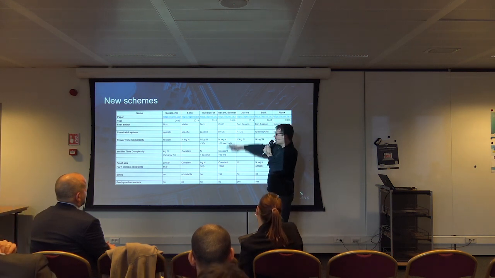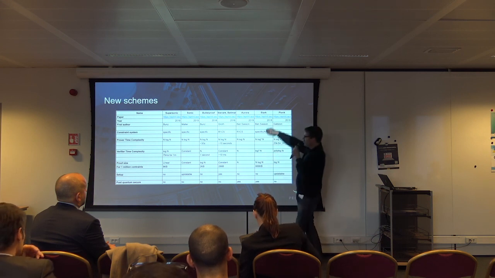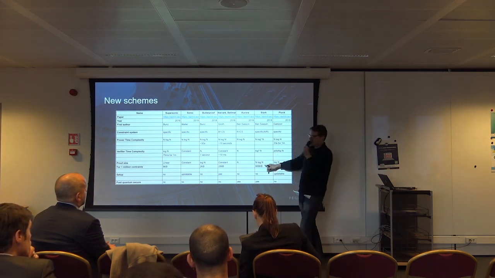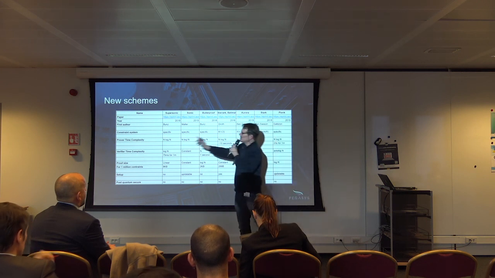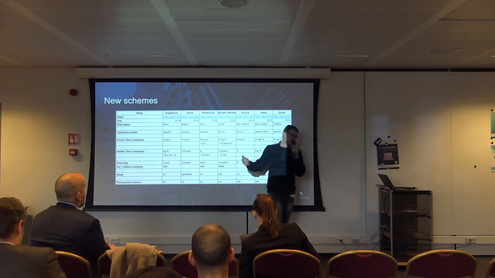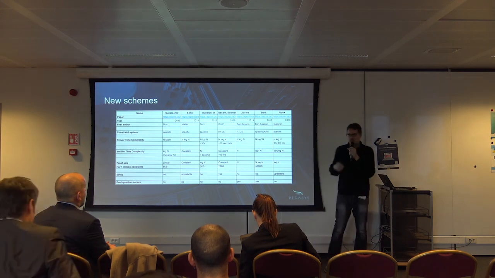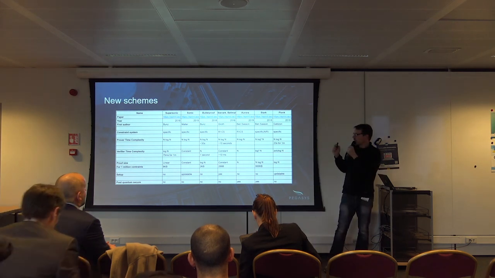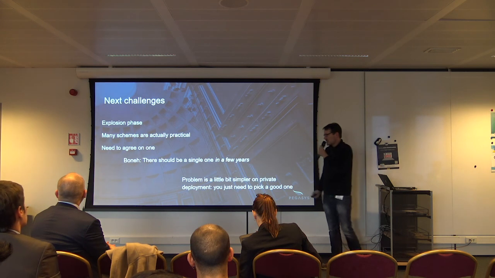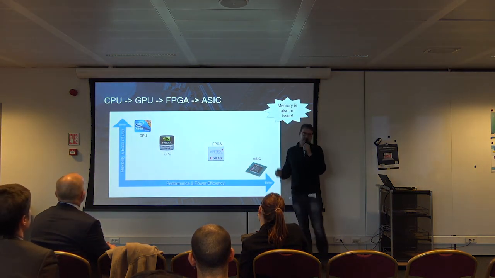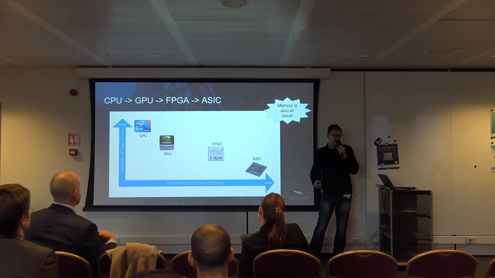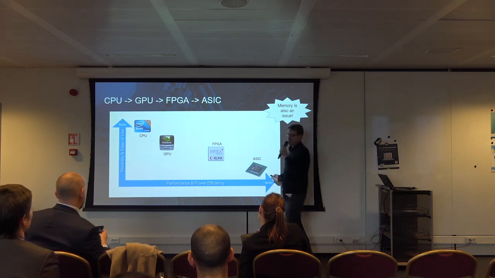This is great for public blockchains. This is great for private blockchains if you like quantum resistance. This is likely great for public blockchains as well if you don't want the setup and so on. So we're going to see this. We're going to see other things as well, which is when you have a problem, you can throw hardware at it, and that's what people are doing right now.